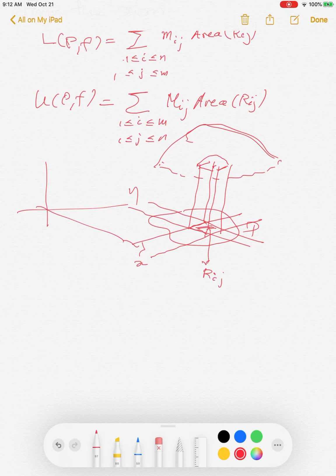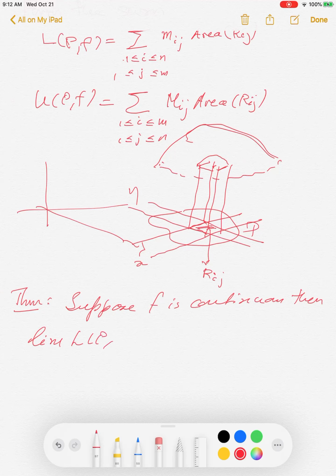So when you take the limit, the analog of the theorem is that suppose f is continuous, then the limit of LPF as the norm of P tends to 0, where the norm of P you can define as the maximum of the area of Rij, as i and j vary over 1 to n and 1 to m respectively.